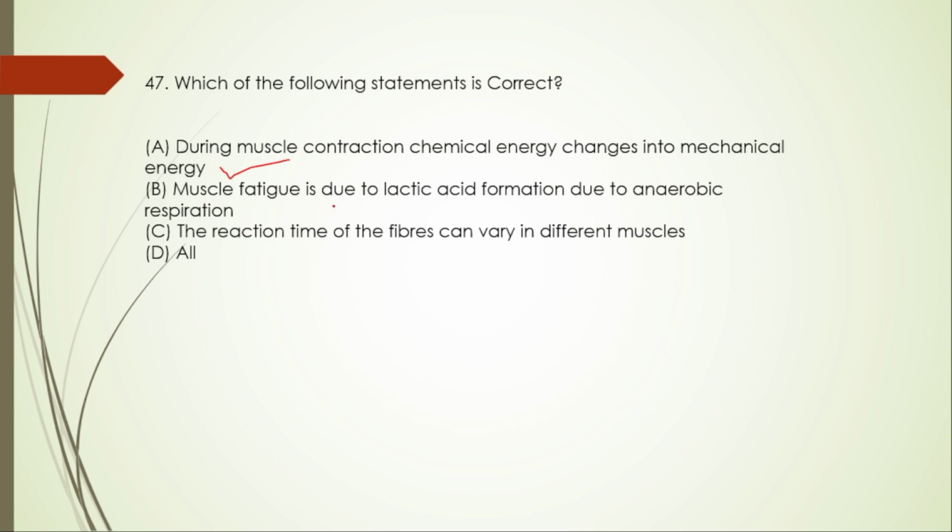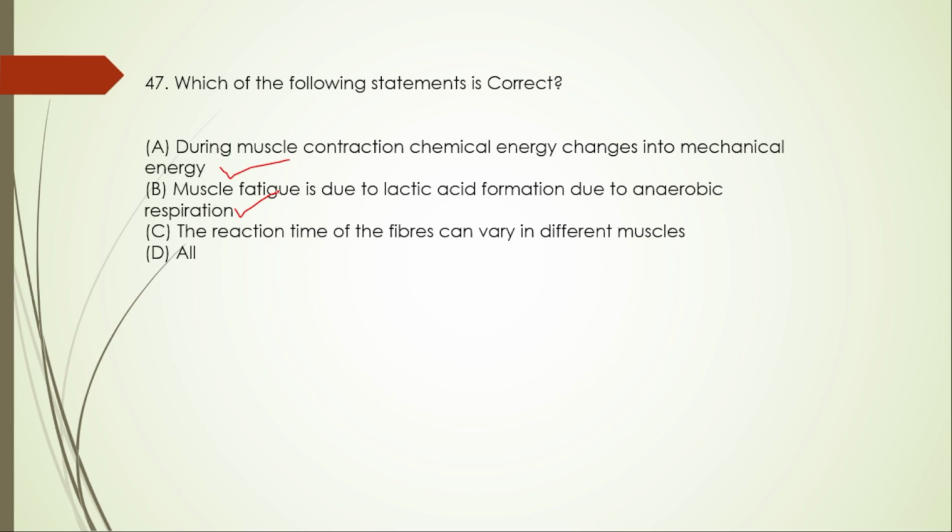Muscle fatigue is due to lactic acid formation due to anaerobic respiration. Yes, this one is also right. Because when muscles lack sufficient oxygen during intense exercise, they switch to anaerobic respiration, which produces what? Lactic acid as a byproduct.